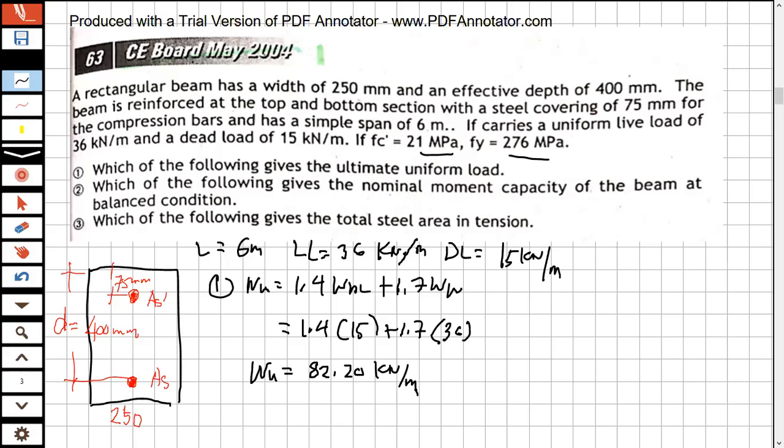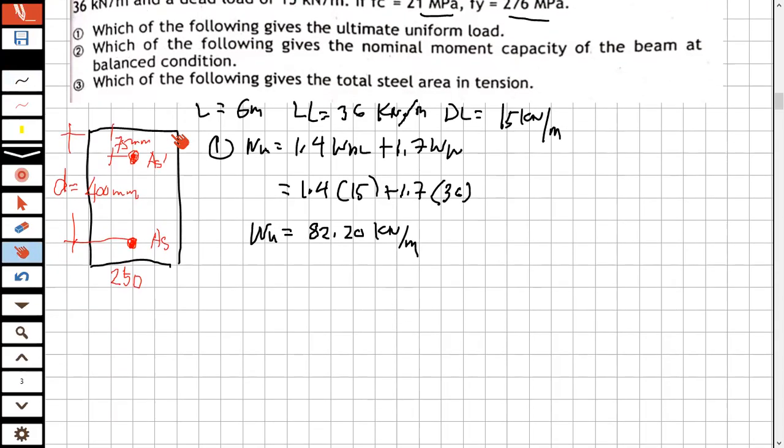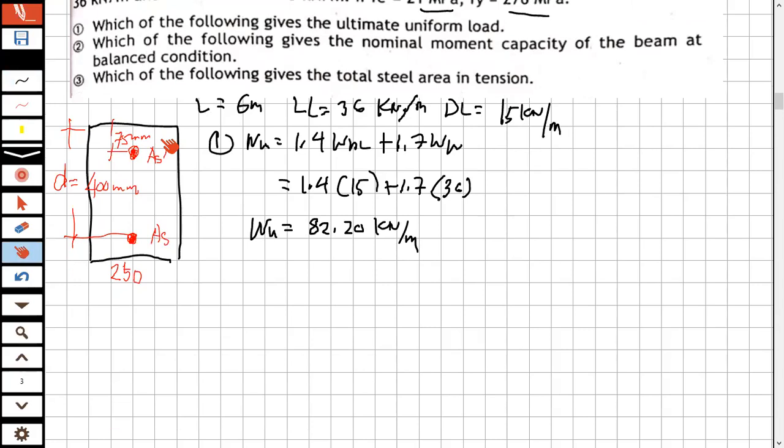Second question is, compute the nominal moment capacity of the beam at balanced condition. So what is the nominal moment of the beam at balanced condition? So we'll just have to compute what would be the distance of the compressive block at balanced conditions. Ibig sabihin, hindi muna tayo mag-consider ng double reinforced beam. Okay?